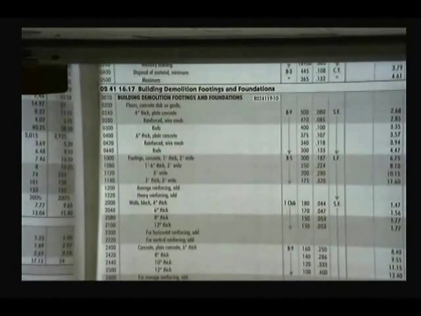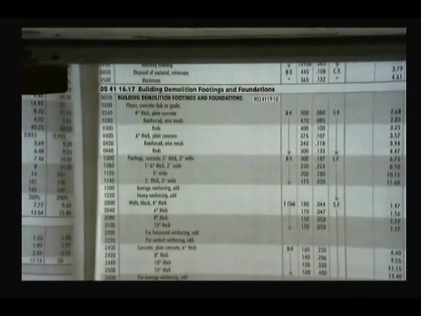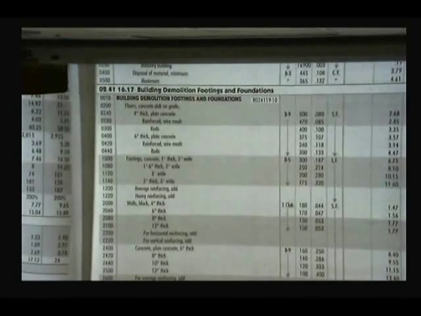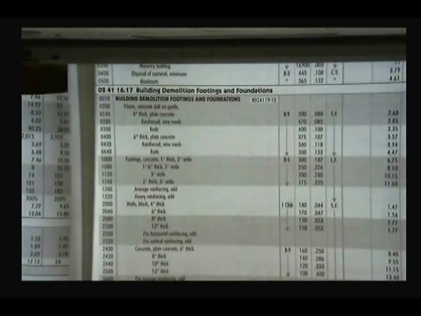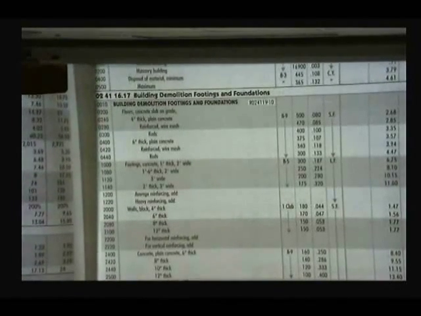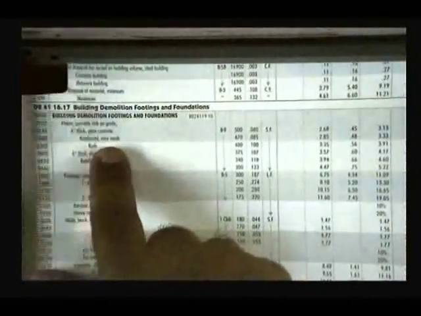So, see, no foundations or dump fees. So this is only the walls. You tear them down and then you haul them away, right? The demolition of the foundation has to be calculated separately.